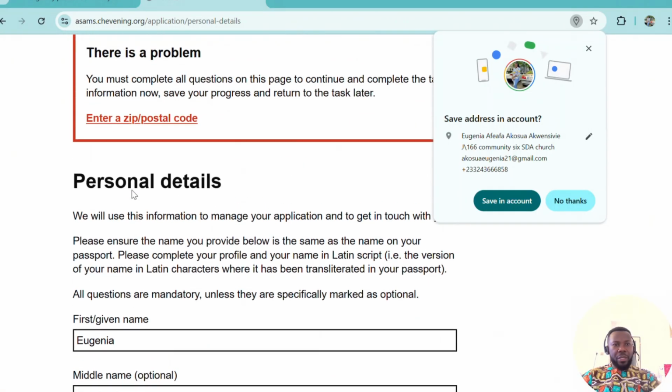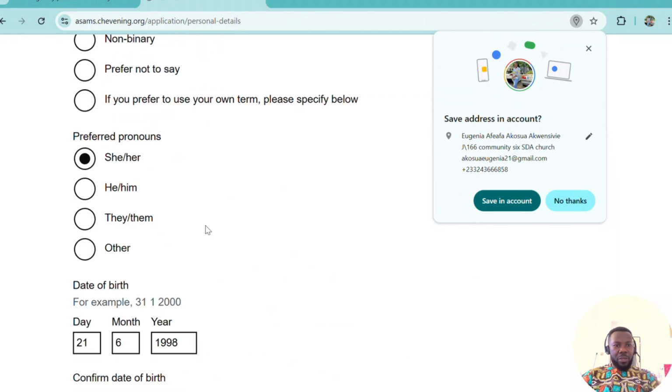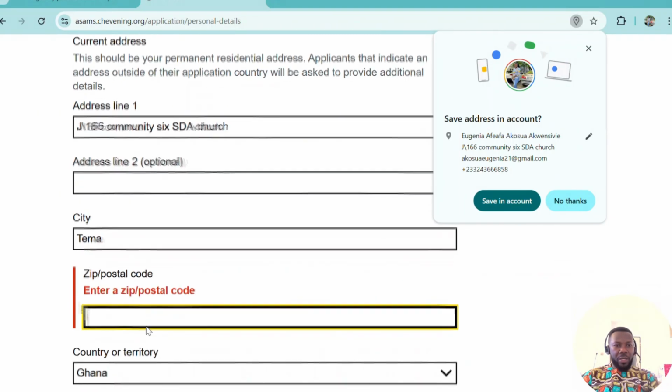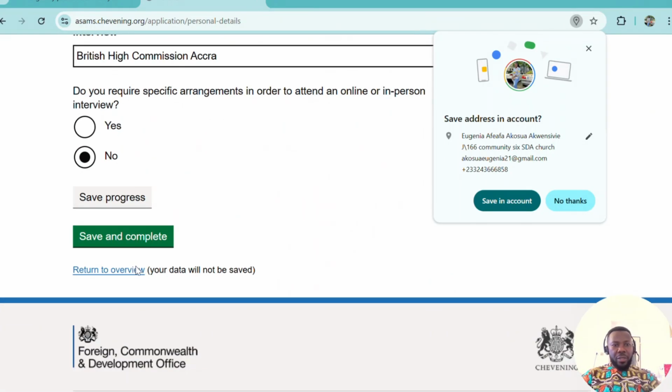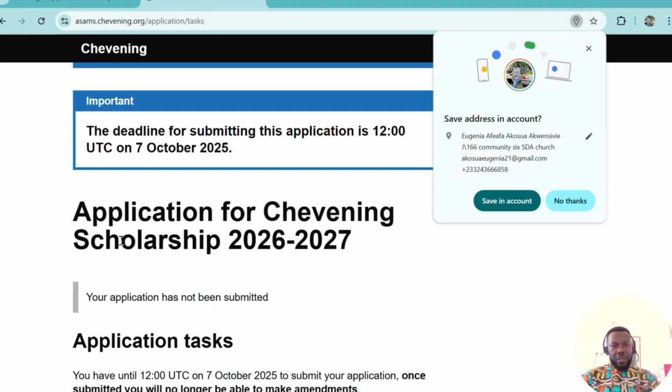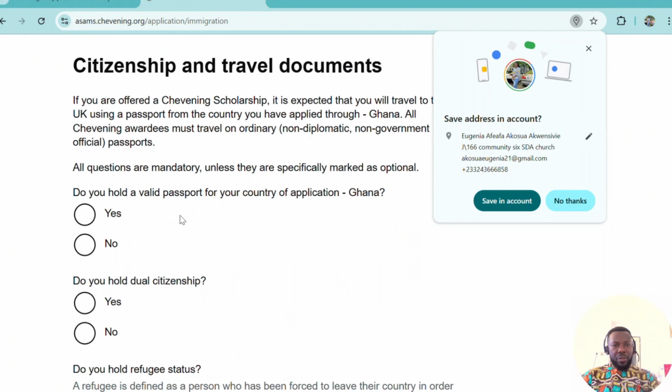Save and complete. Let's see. Okay, so they said I should enter zip code because the zip code was not entered. Let me say the zip code is this, and then I can save and complete. And now citizenship and travel document.